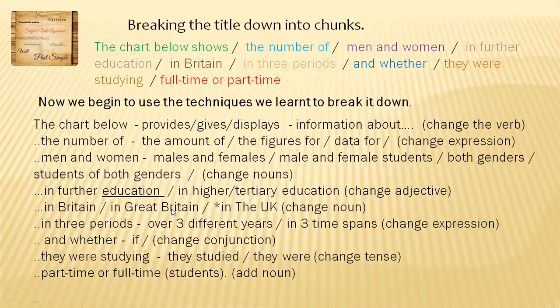The UK and Great Britain are actually different. Great Britain is 3 countries, England, Wales and Scotland. The UK is 4 countries. It's England, Wales, Scotland plus Northern Ireland. So technically they're not the same, but for the exam, I'm not quite sure if the examiner would accept that, because really they are different.